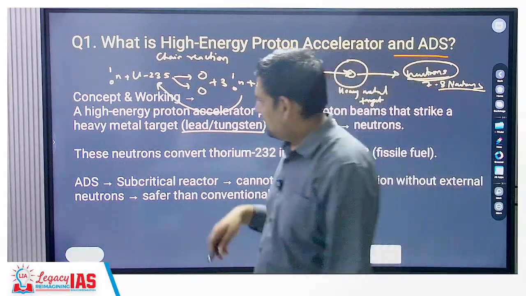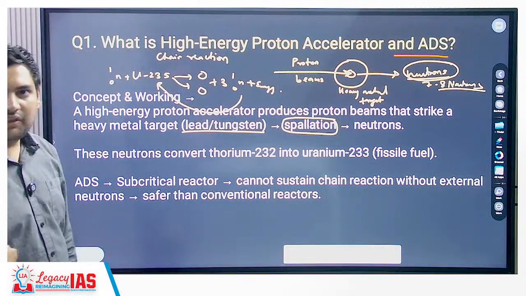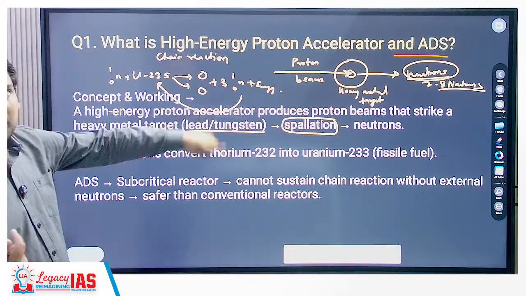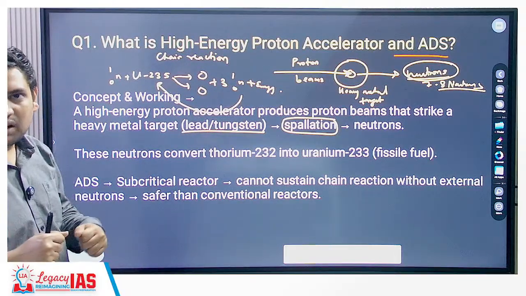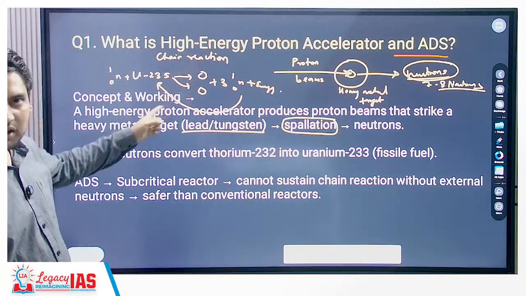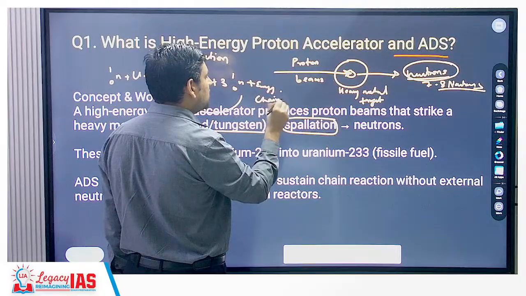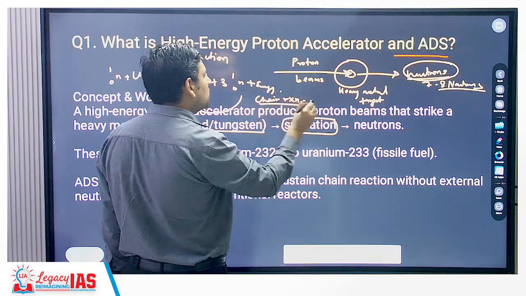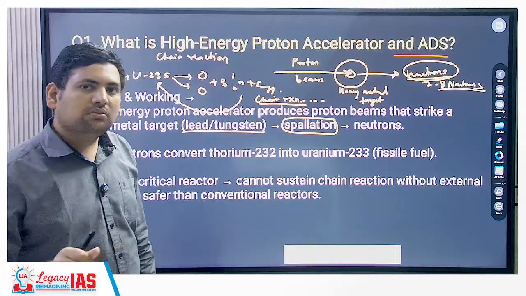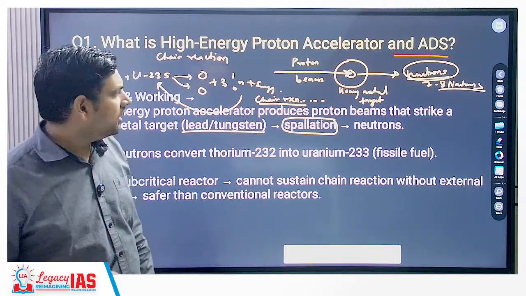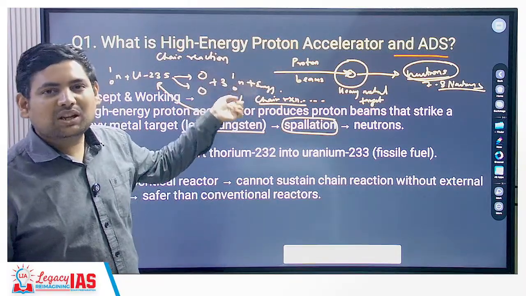Now this seems good, but from a safety perspective it is not a very good thing. So many neutrons are being released, and you have to do a lot to control the number of neutrons and control this reaction. Otherwise it is a chain reaction that will continue, and if not stopped properly, if there is some issue with the nuclear plant, it will lead to a nuclear bomb blast.